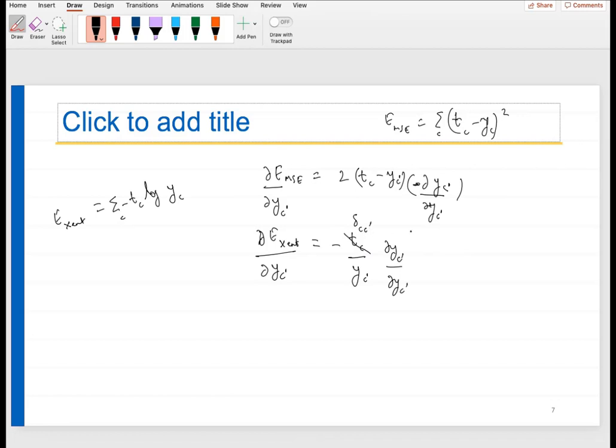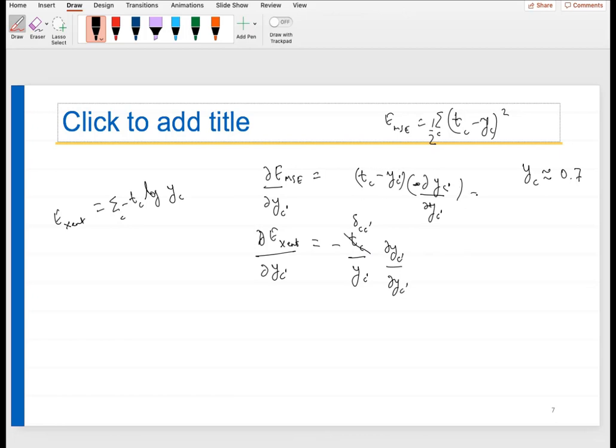Okay, so what is my derivative in this case? Let us assume my YC is very close to 1, let's say 0.7. Let's remove T because this is just a constant, I can erase it. What is this term in this case?